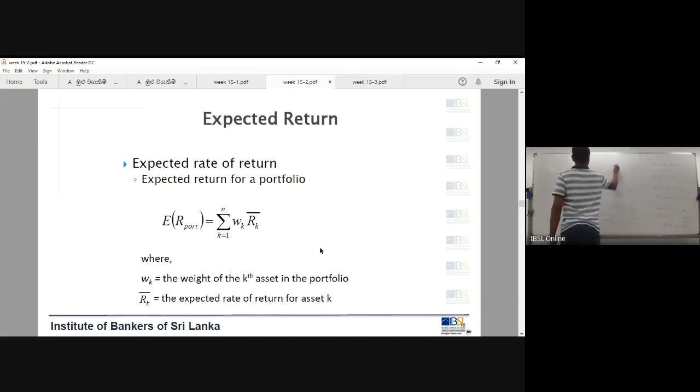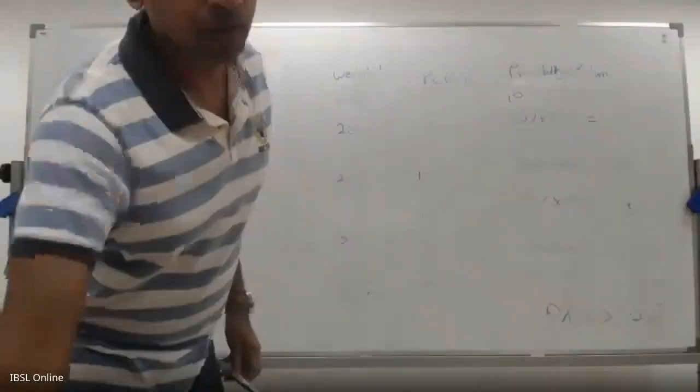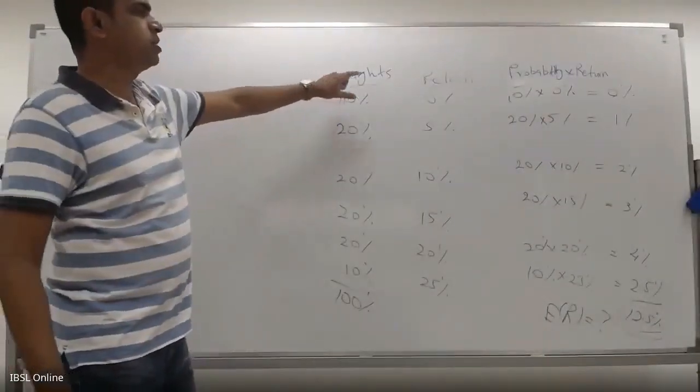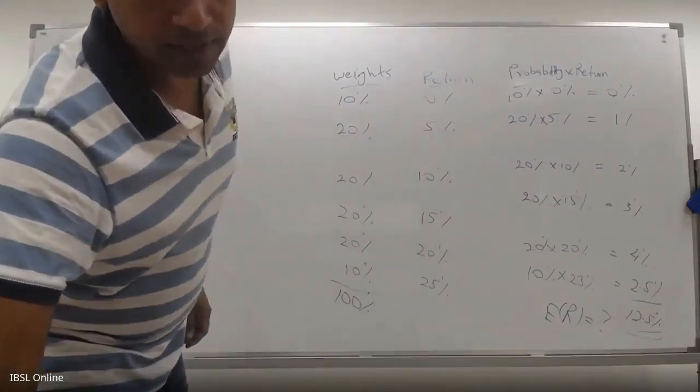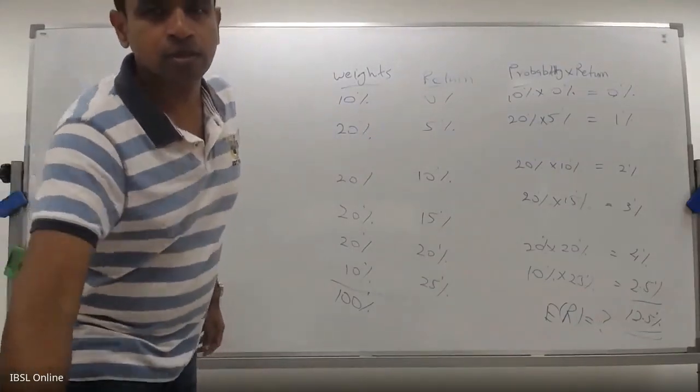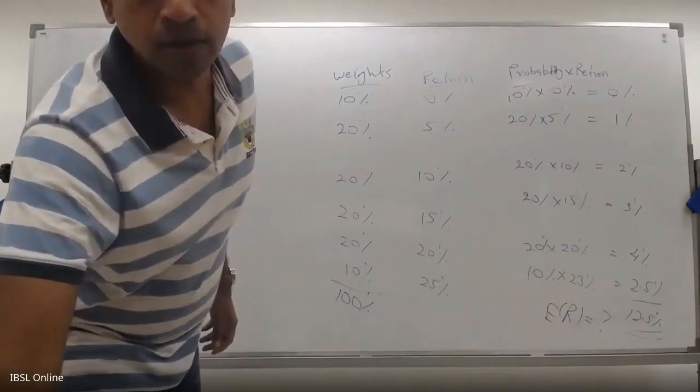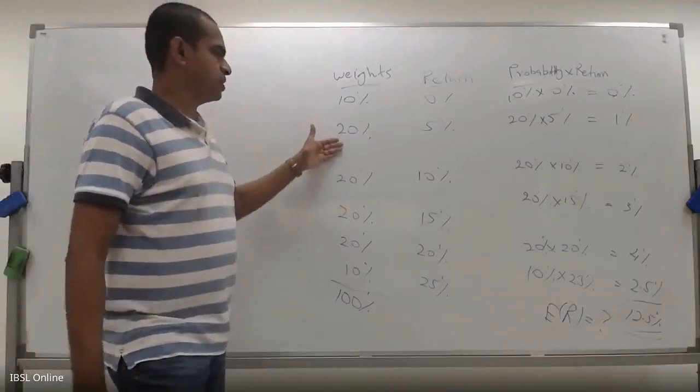Weights, which means 10% of your assets are giving a 0% return. 20% of your assets will give a 5% return.